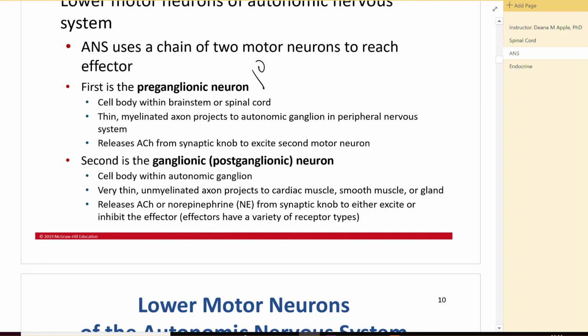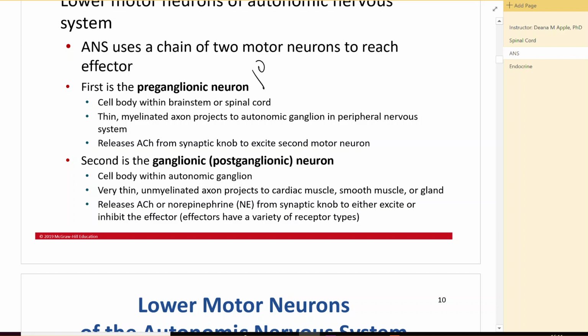It's a thin projection, it's myelinated, and it projects to the autonomic ganglion. That ganglion, what is a ganglion? Cell bodies. In the central nervous system or the peripheral nervous system? Peripheral, yeah. So the ganglion is going to be somewhere in the peripheral nervous system. The preganglionic neuron projects to that autonomic ganglion and synapses onto the cell body in that ganglion.